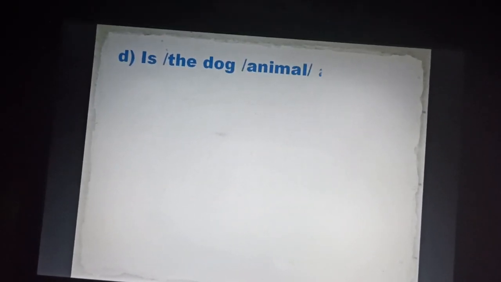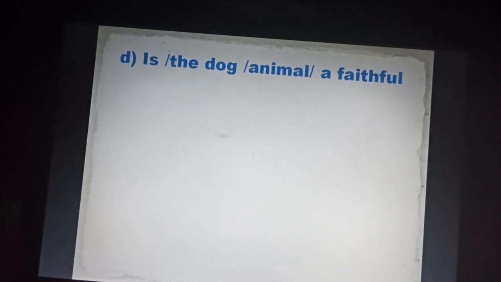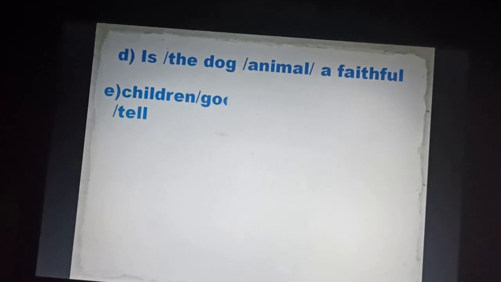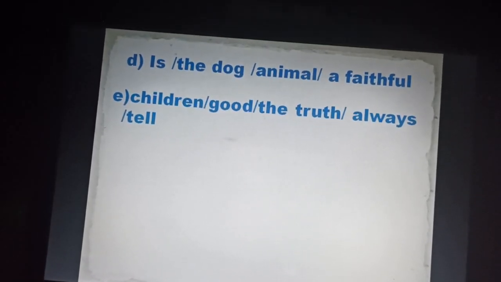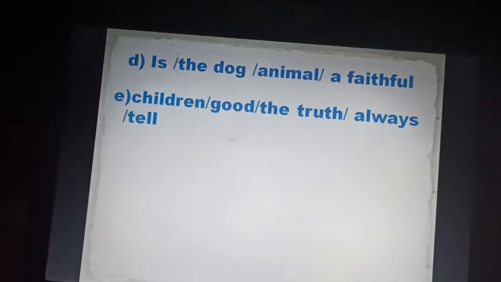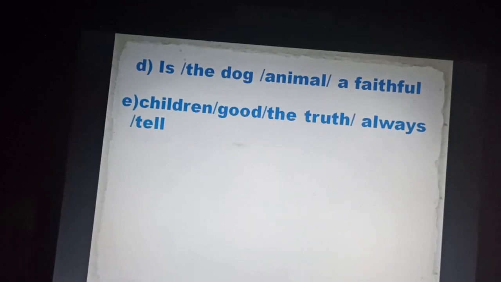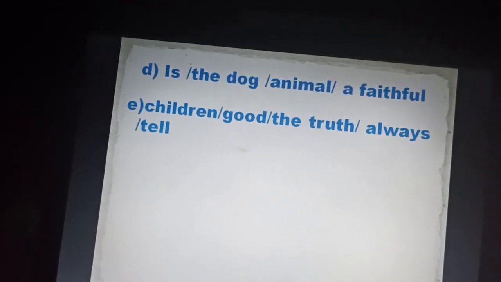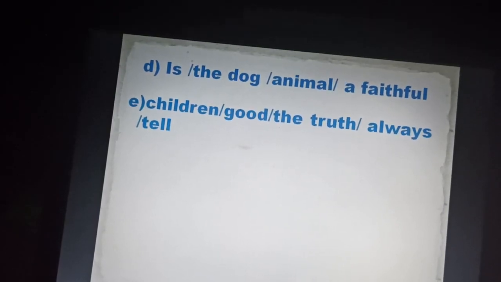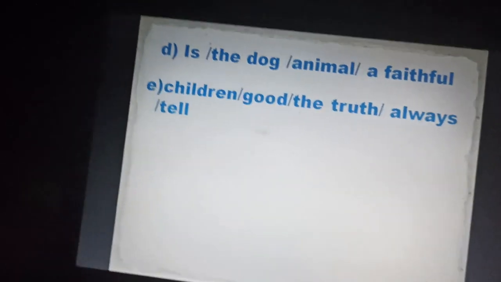D part: "is the dog animal a faithful?" E part: "children good the truth always tell." Again you have to arrange in a sentence, and take care that the first alphabet should be capital, and in the end or wherever it is needed you have to put a punctuation mark.